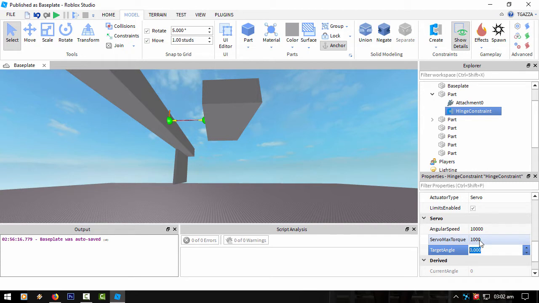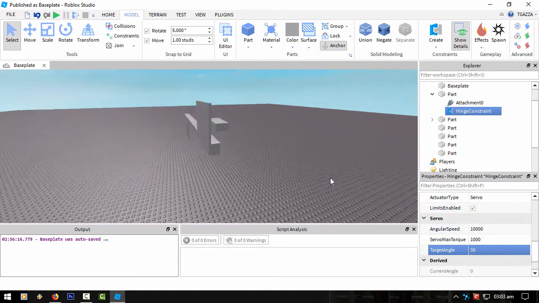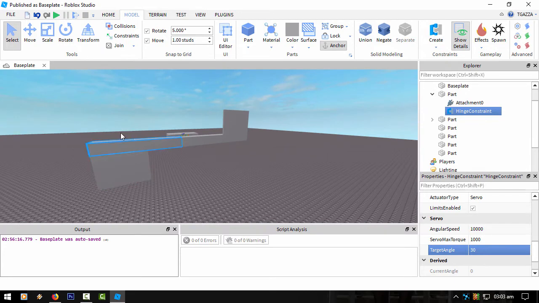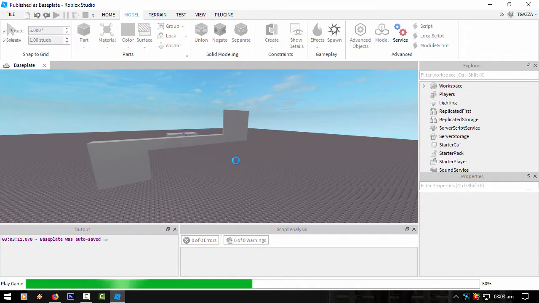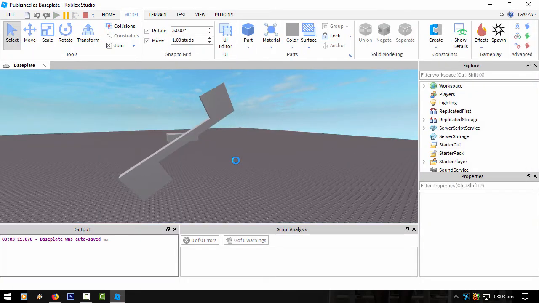If it's too much, reduce it by a factor of 10 if you like. So let's move that to 30, and that should rotate to somewhere around there, or it might be that way. There you go.